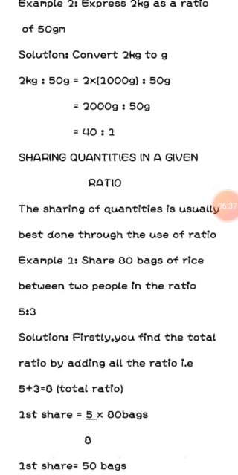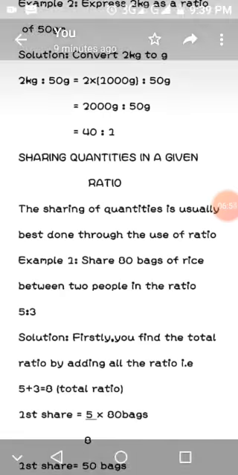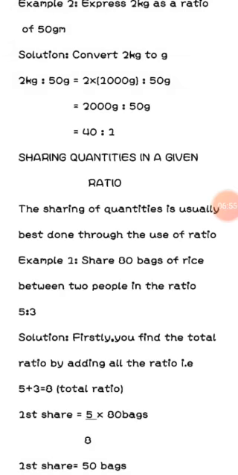But the easier one is for you to convert your kilogram to gram. 1000 gram makes 1 kilogram, which means 2000 grams will make 2 kilograms.